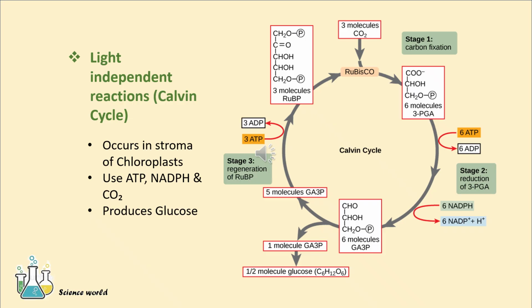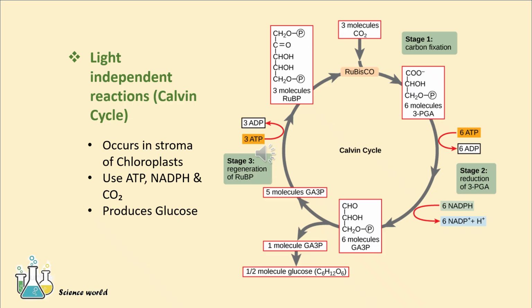Then, in the final stage of the Calvin cycle, which is known as regeneration of RuBP, among those 6 molecules of glyceraldehyde triphosphate, 5 molecules will become ribulose 1,5-bisphosphate.